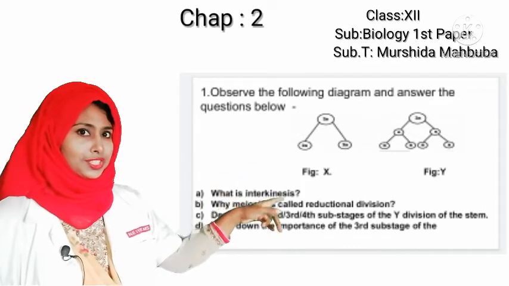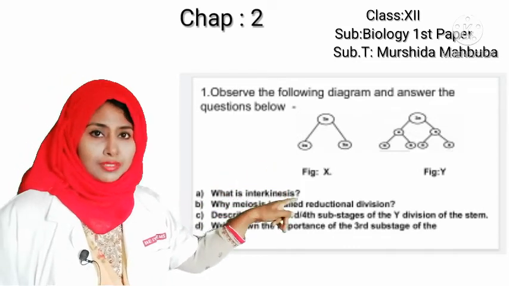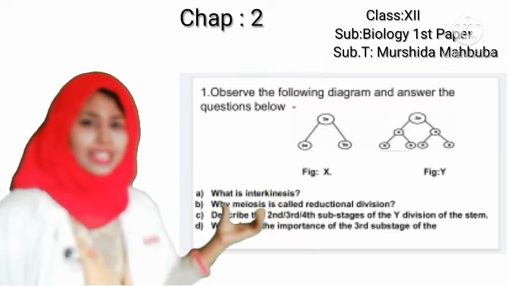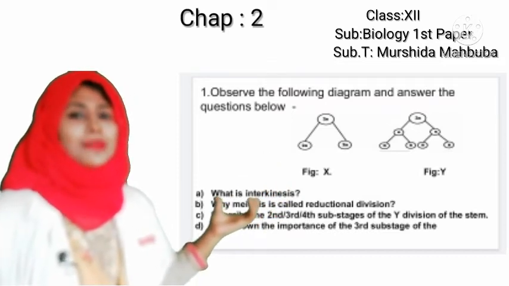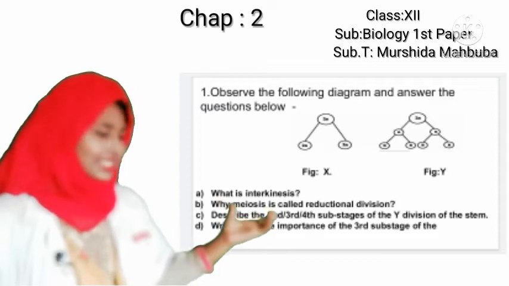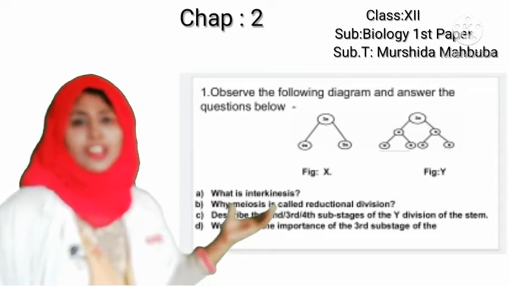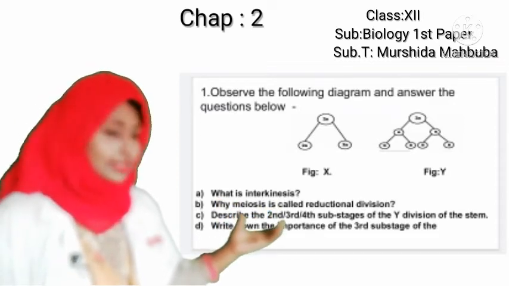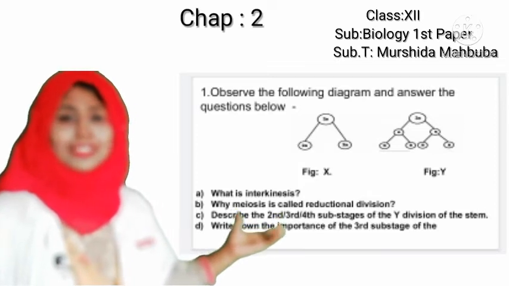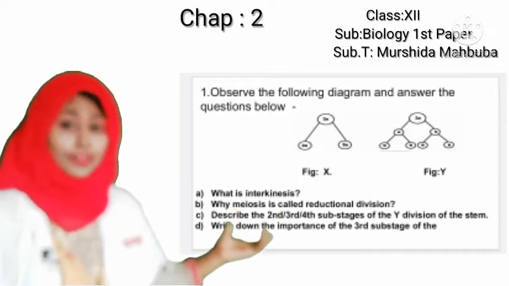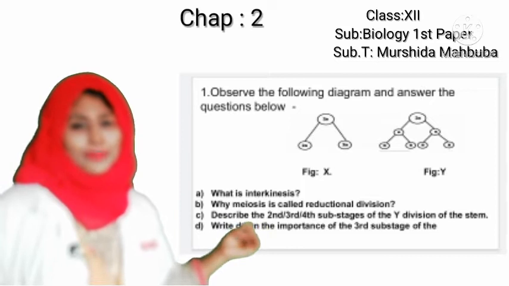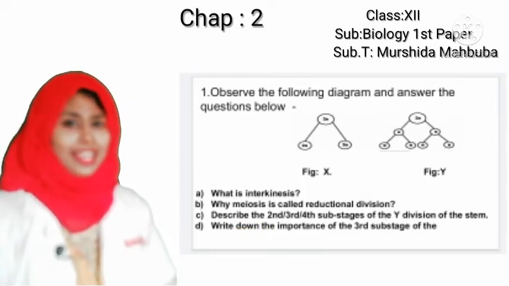What is the division? It is the meiosis cell division. The second sub-stage is zygotene. What is the third sub-stage of meiosis? The third sub-stage is Pachytene. What is the fourth sub-stage? Diplotene.